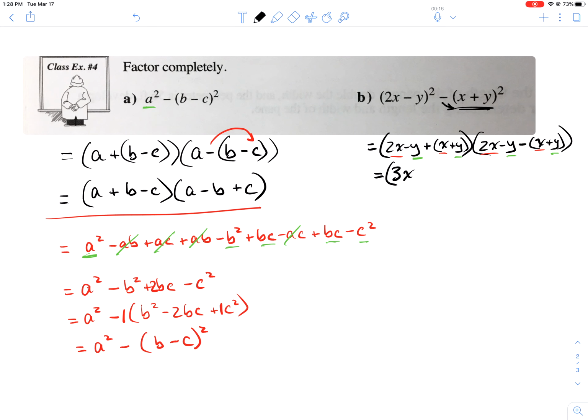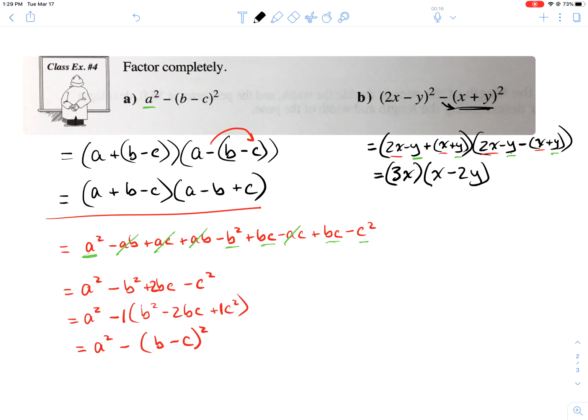Negative y plus y is gone. So that's it. 3x is one of my factors. Now, 2x minus x. That's an x. And negative y minus y is minus 2y. That's it. I can't see any more factoring that can be done.